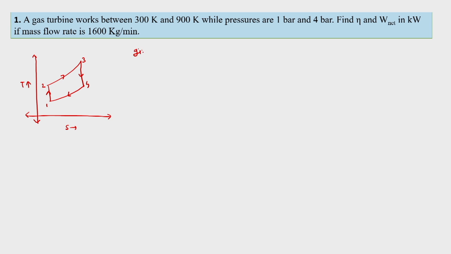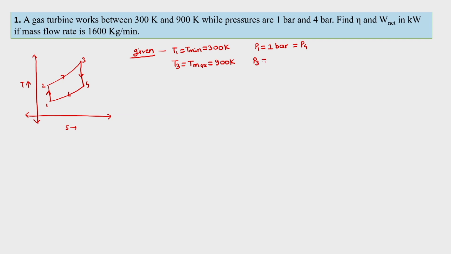So the given thing over here is T1 is equal to T min, given as 300 Kelvin. T3 is equal to T max, given as 900 Kelvin. Further, we are told that P1 is equal to 1 bar, which is also equal to P4.